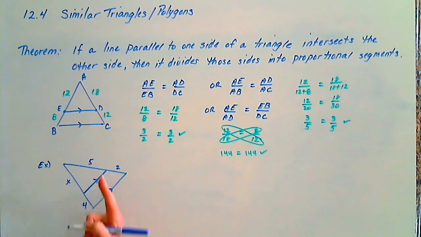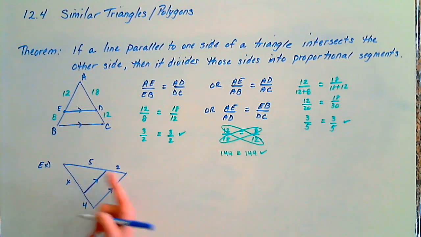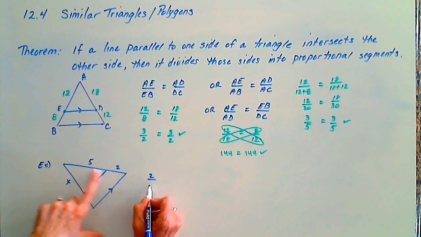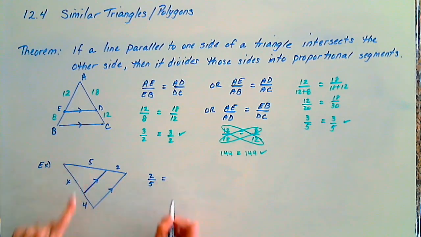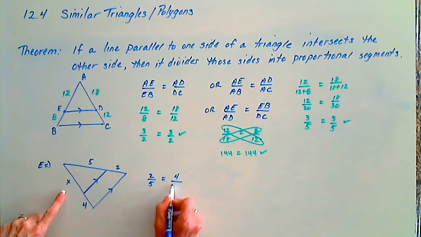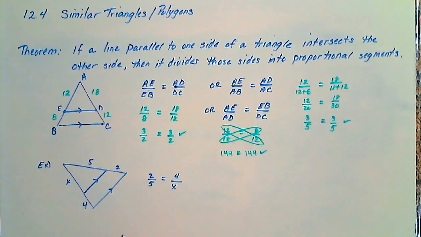So I could say on this top side here, what I see as the top, I could set it up as the short is to the longer as what appears to be the short is to the longer side. And again, you may see it automatically by multiplying by 2. You can always use cross products. You can always go 2 times x is the same as 5 times 4. And so we end up with 10.